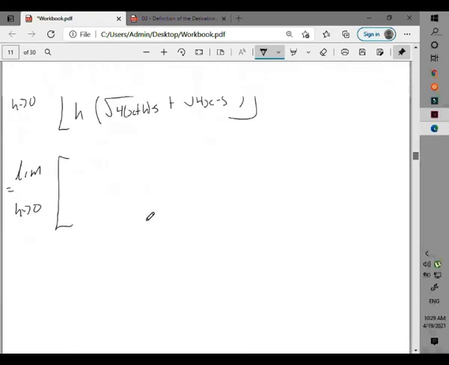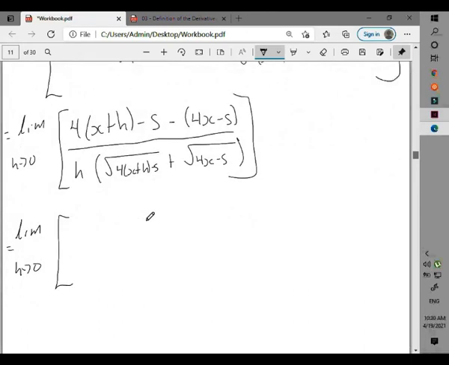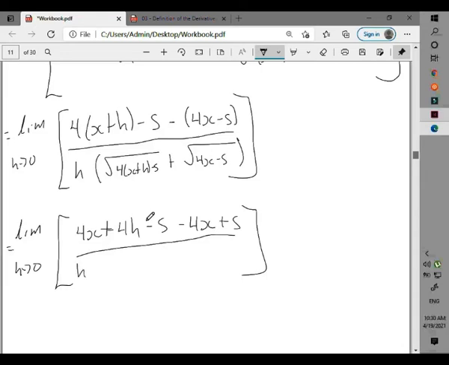Alright, so with that being said, what I have is 4x plus 4h minus 5 minus 4x plus 5. And isn't it lovely that you have to do all of that just to reach here?